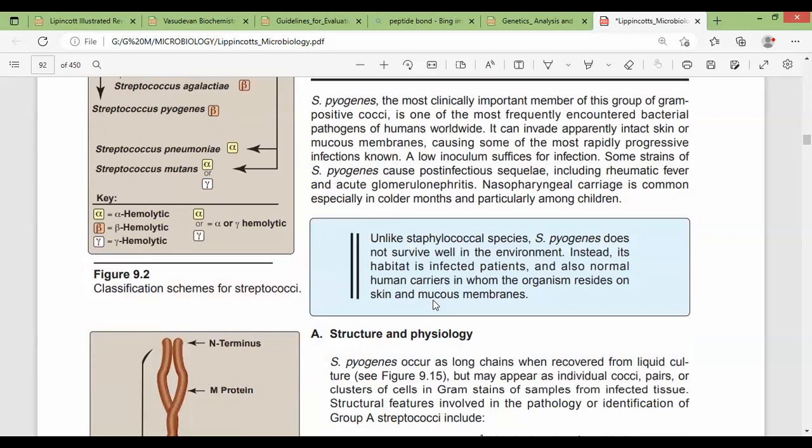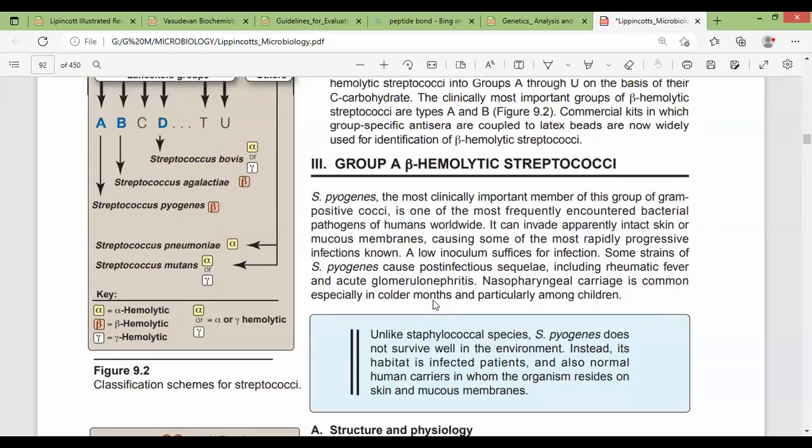Then the other thing is this is the organism that, in movies, is usually called the flesh-eating bacteria, right? The flesh-eating bacteria. That is this group A streptococci.